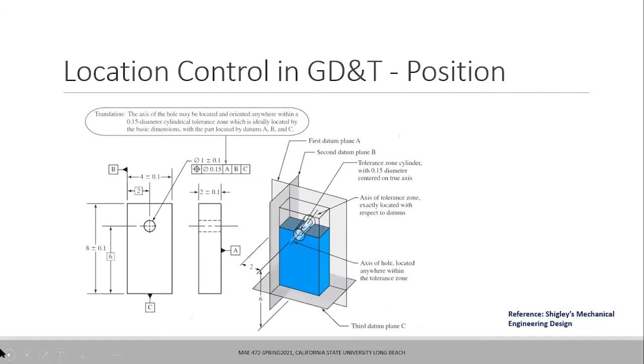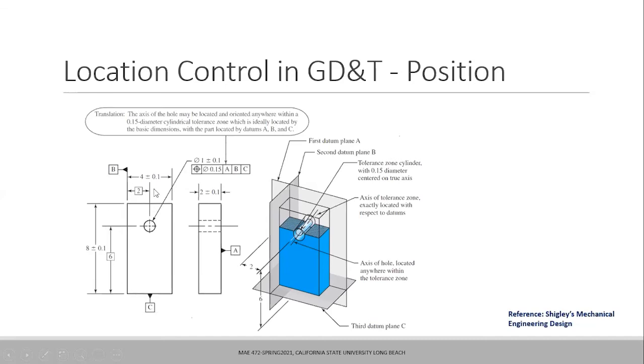So with that said, the last part is about the location control. The location control basically means that if I have to locate a feature, this location is provided by this feature control frame. So I have this drawing which has the different datums, datum A, datum B, and C defined.